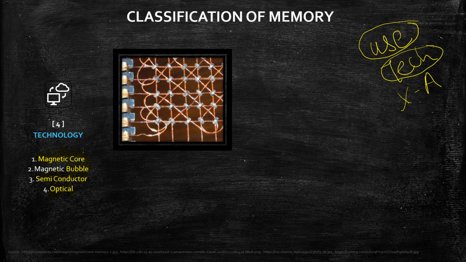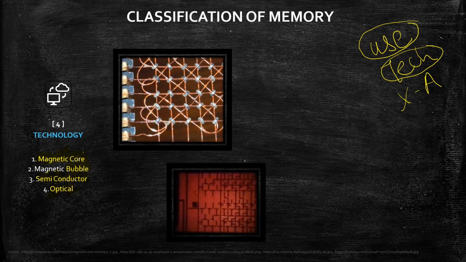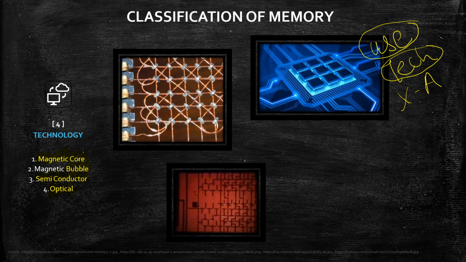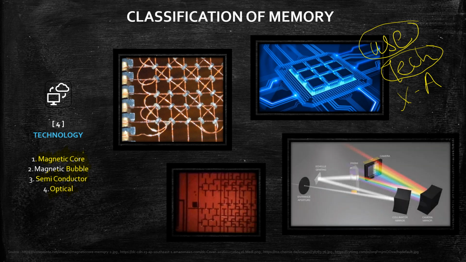This is the example of the magnetic core technology. Then there are the magnetic bubble technologies. Then we have the semiconductor type memory, which is widely used. And the last one is optical. These are the different technologies used in manufacturing any type of memory.